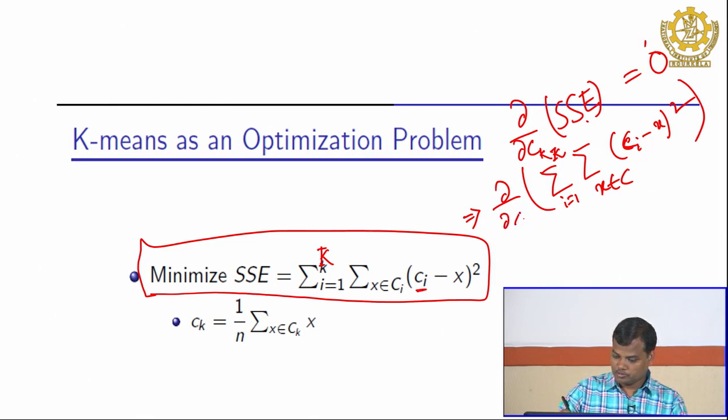We want to find the point c, the point c_i within a cluster C_i, and this is a cluster C_i, this is a capital C.